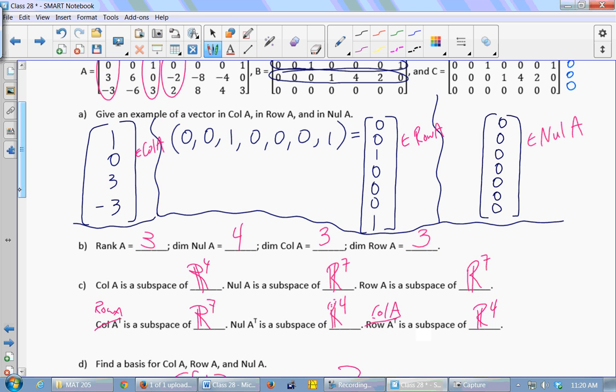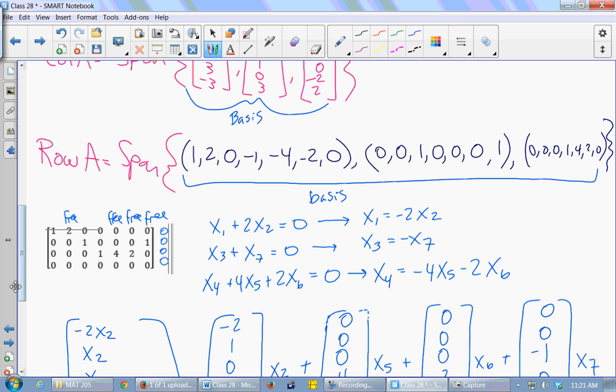We're talking about row A, not null A right now. The row of A is the span of these 3 vectors from R7. And if I put weights of 0 on all of them, I would get a 0 vector in R7. So I could give the 0 vector as my answer to this one.